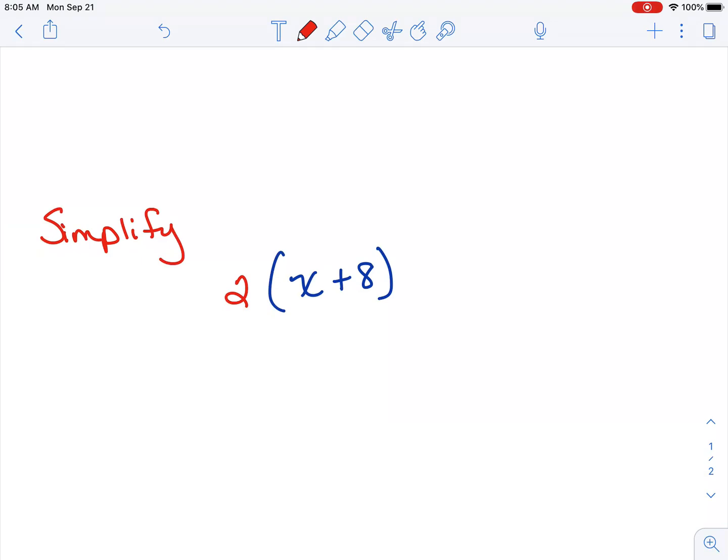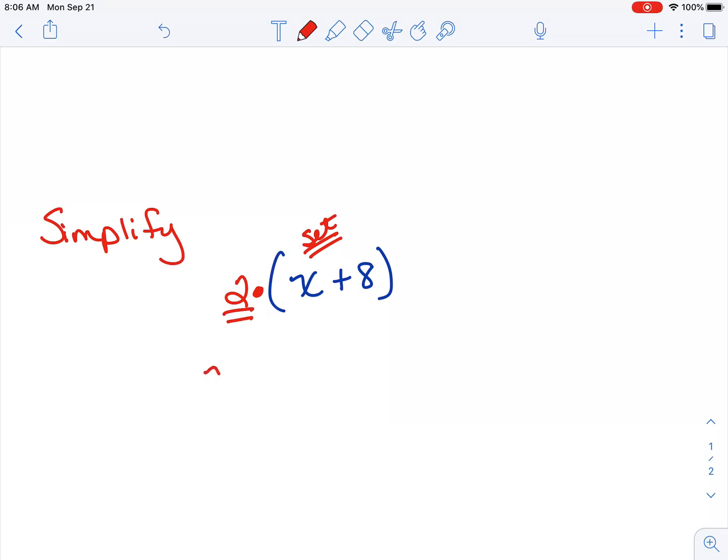Now, as we said up above, this side by side right here means to multiply. I put what's in parentheses in blue on purpose because this is like a set. It goes together. So this problem is actually saying I want 2 sets of x plus 8 because I want to multiply it by 2 times.